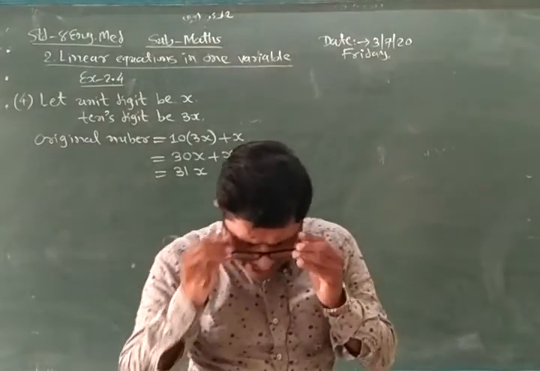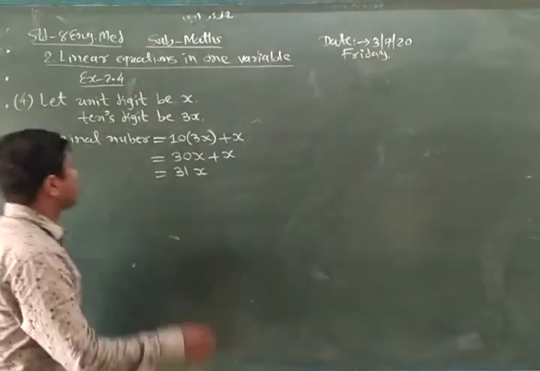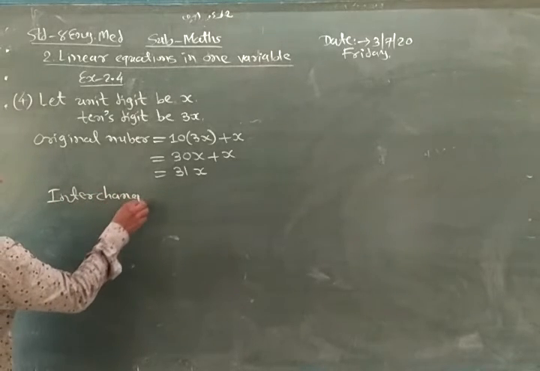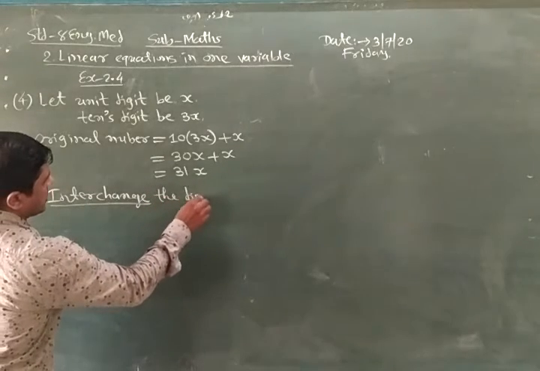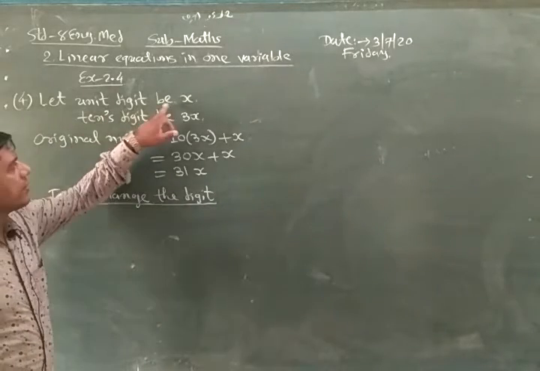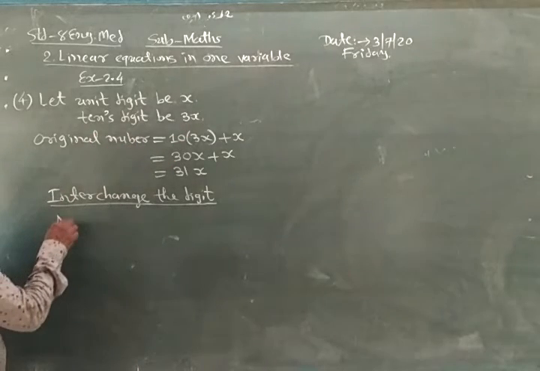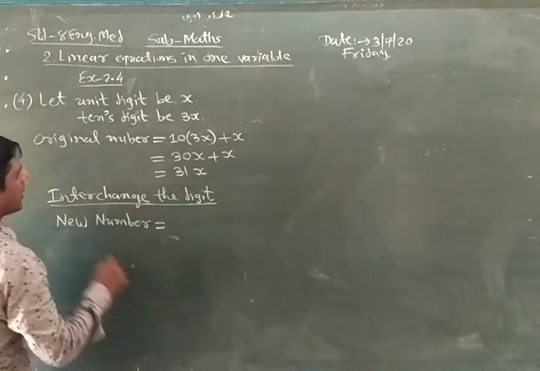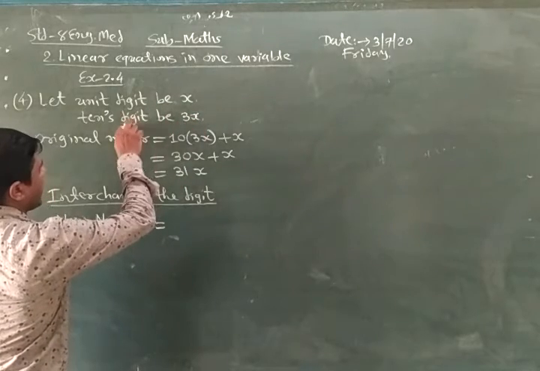Now the second line, if you interchange the digits, it means the unit digit 3x and tens digit x change places. So the new number: unit digit is 3x, tens digit is x.